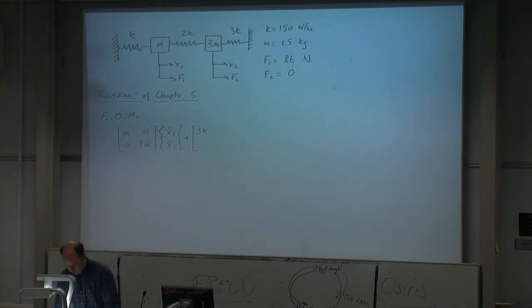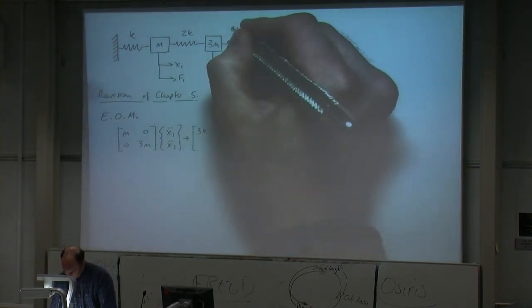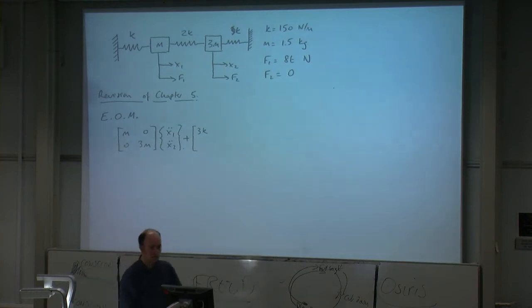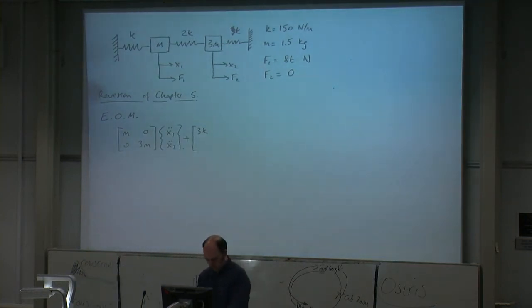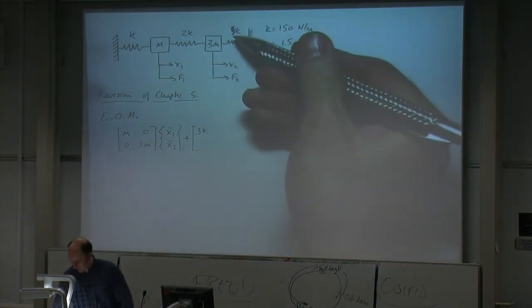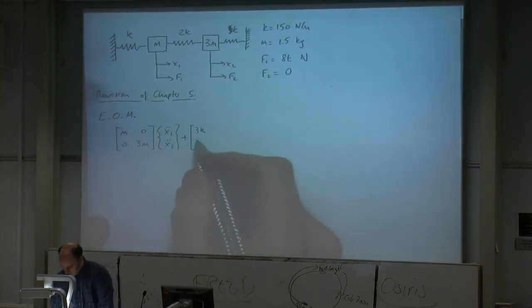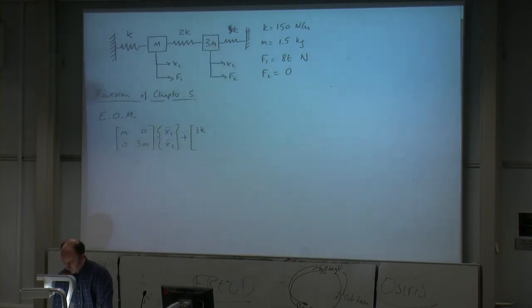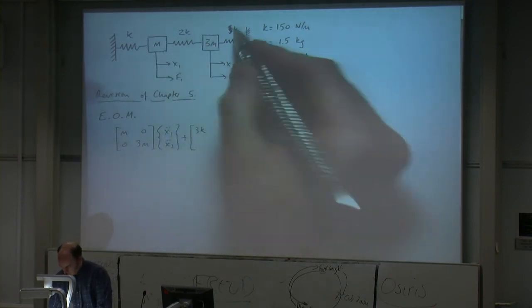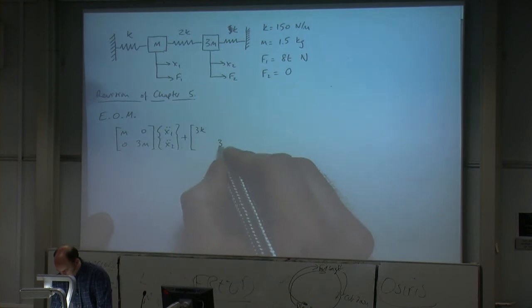Sorry, I apologise, this is in fact k. That's a mistake. This is just k, it's not 3k. So we've got 3k for this one. For the second mass, we've got 2k plus k, so this is also 3k.